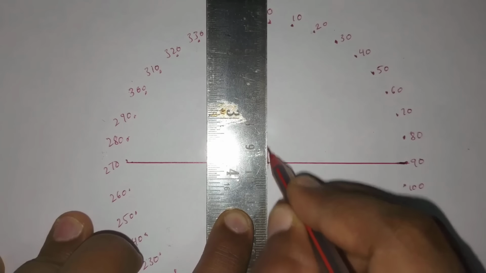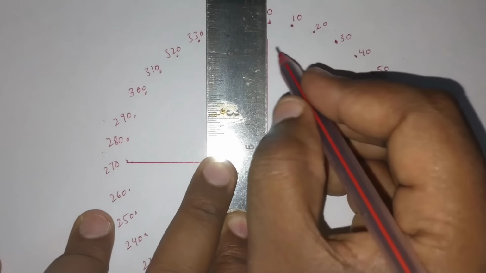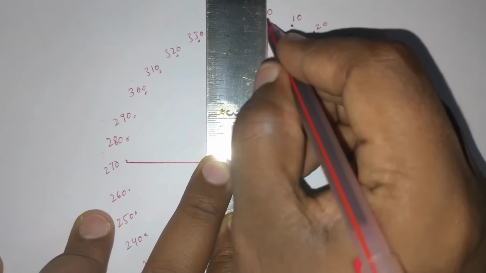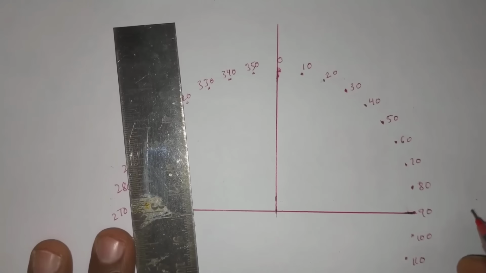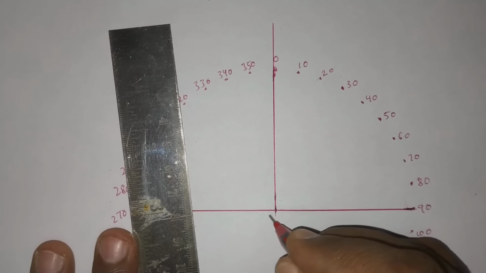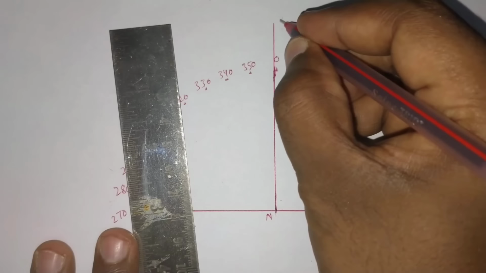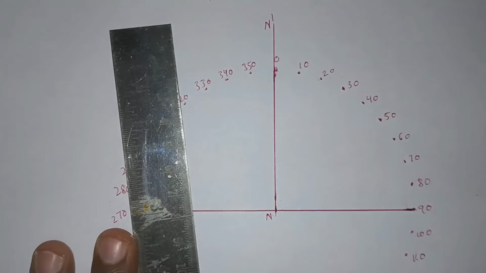And I am drawing a normal here at the 0 degree. This is a normal. I am naming it as N and N dash.